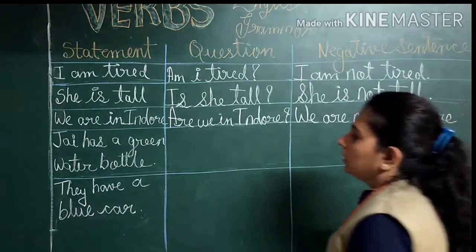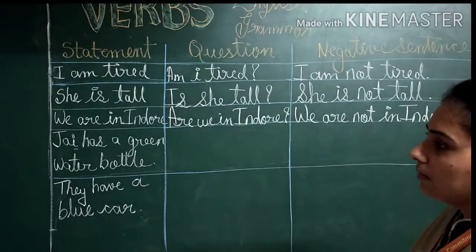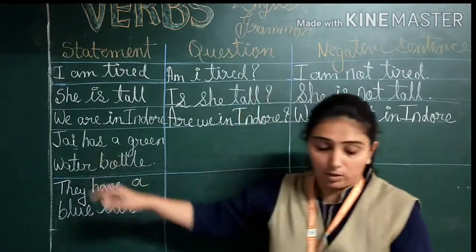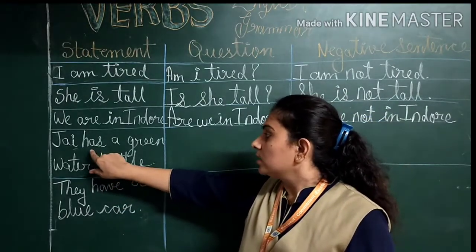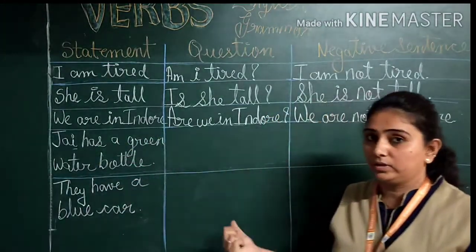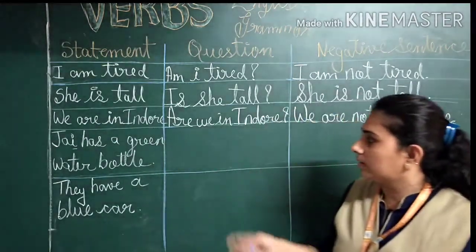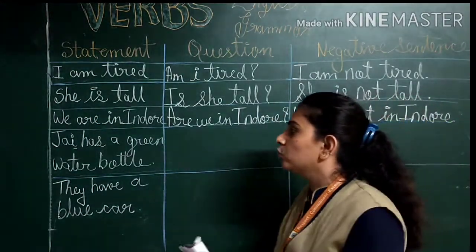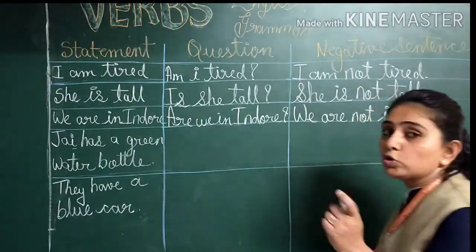Now next is Joy has a green water bottle. Here the name of a person is given, Joy. Now what do we have to do? Here has is given. First remember this thing: for framing the questions, we can write has or have, but we have to use the word does with it. With does we cannot use has.